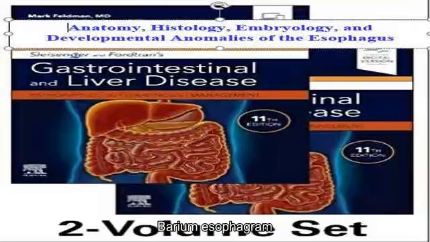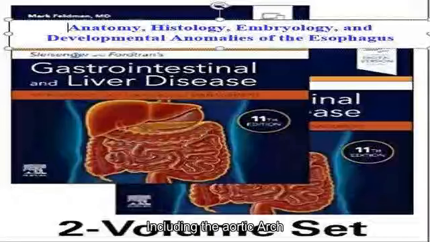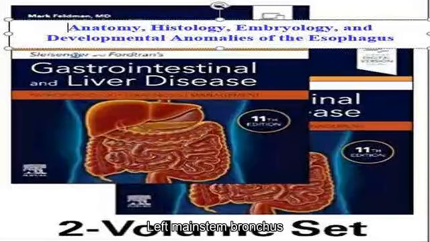On barium esophagogram, adjacent structures may indent the esophageal wall, including the aortic arch, left mainstem bronchus, left atrium, and diaphragm. LES, lower esophageal sphincter; UES, upper esophageal sphincter.